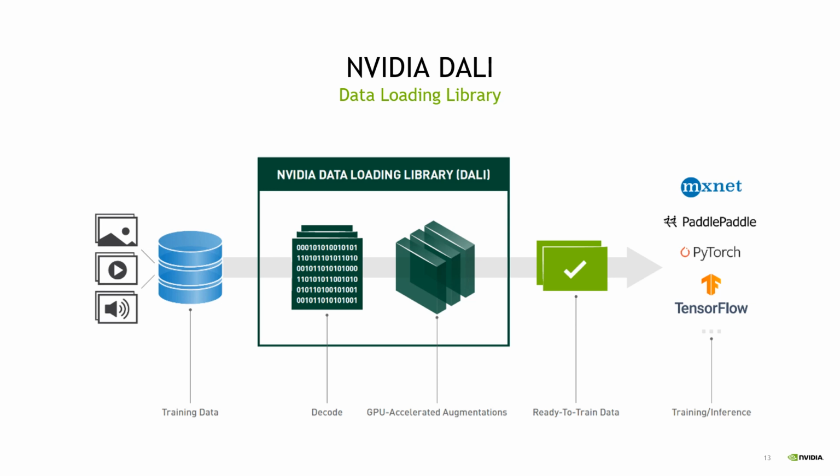So the goal of the library is to make the data loading pipeline efficient enough to keep the GPU busy and batch the data to the model. The DALI library can be used within different deep learning frameworks, from MXNet to TensorFlow, seamlessly.